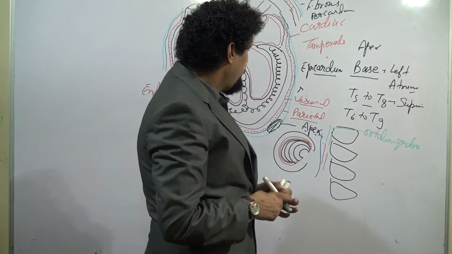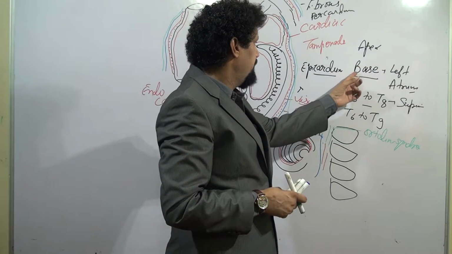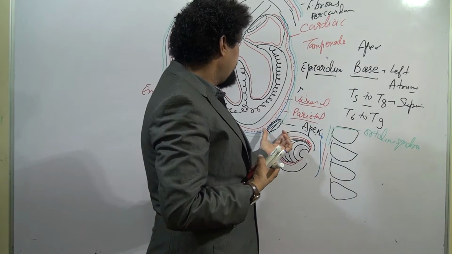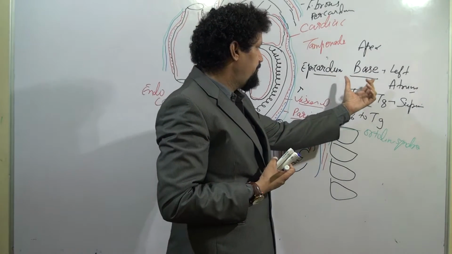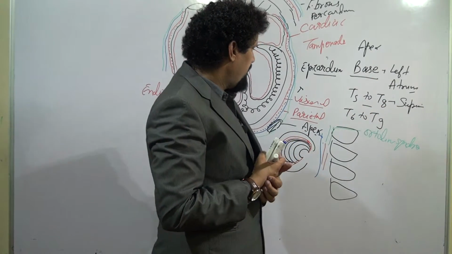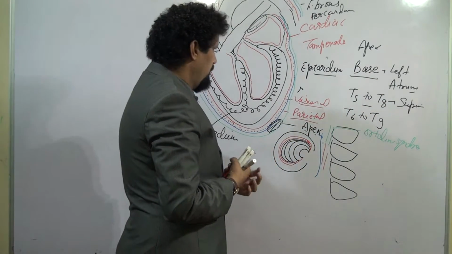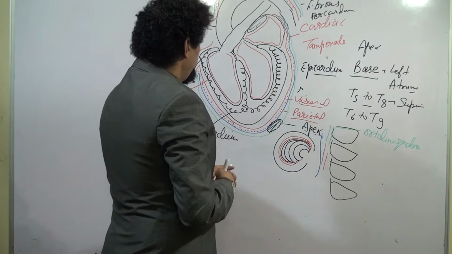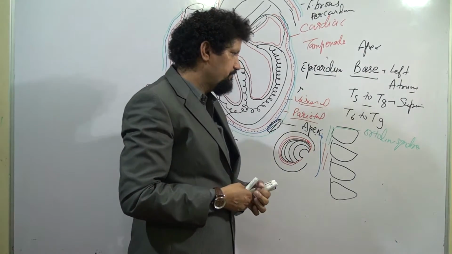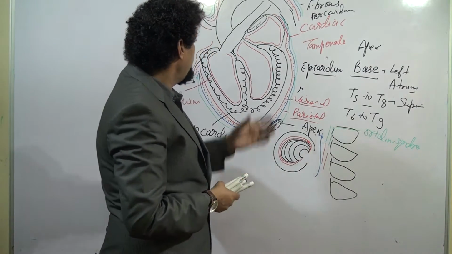So the heart has an apex and a base. Apex is formed by the left ventricle, and base, that is the posterior surface, is formed by the left atrium. The three surfaces of the heart are, first, the anterior surface.